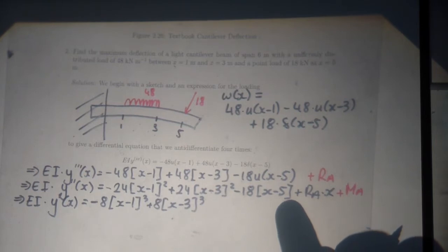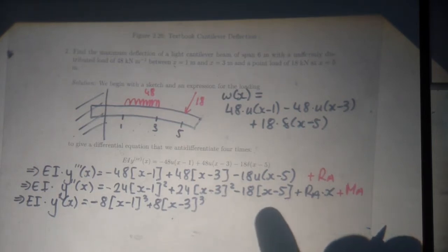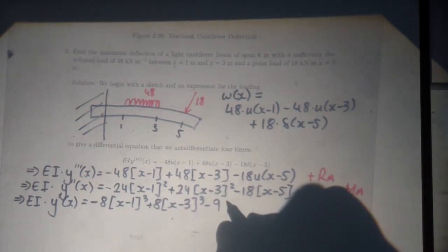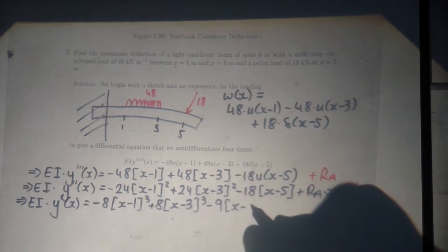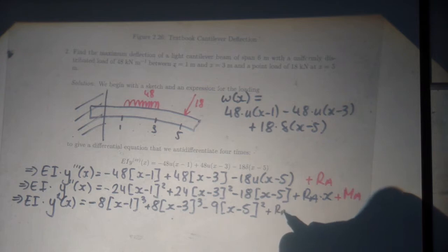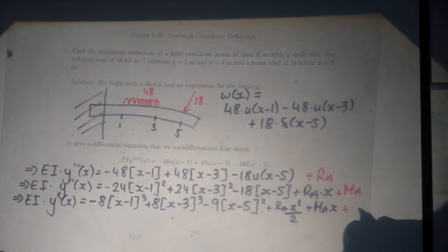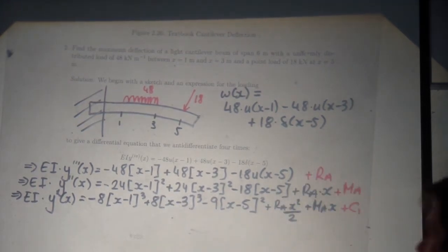And the antiderivative of bracket is bracket squared over 2, so you have minus 18 over 2, which is minus 9. Fix the RA, the antiderivative of x is x squared over 2. Antiderivative of MA is MAx, and you pick up another constant C1, which is proportional to the slope at 0, so this is certainly going to equal 0.